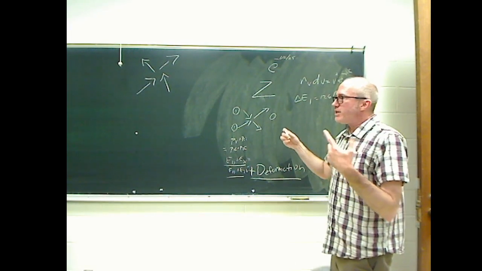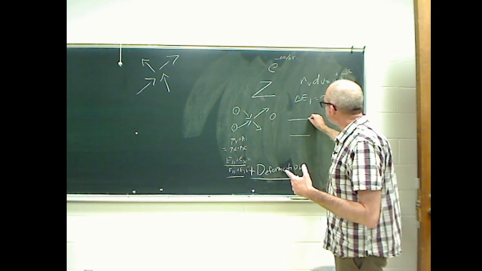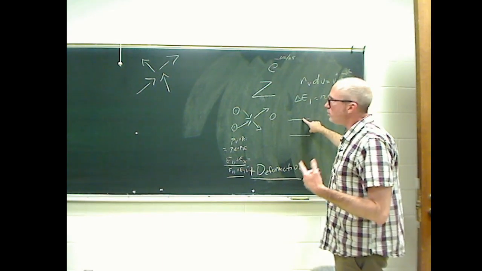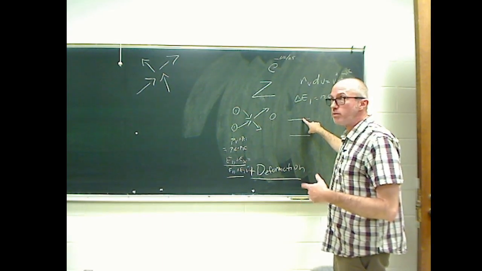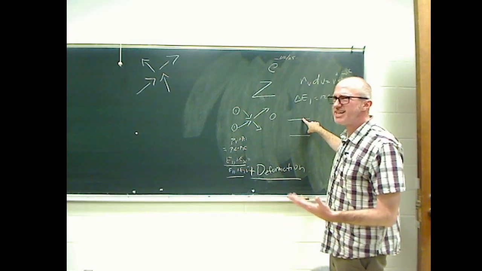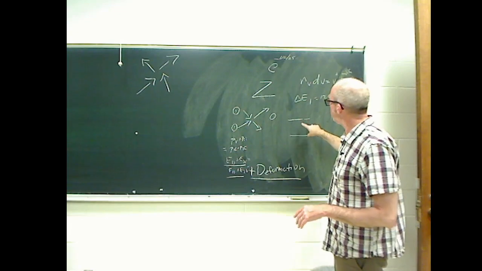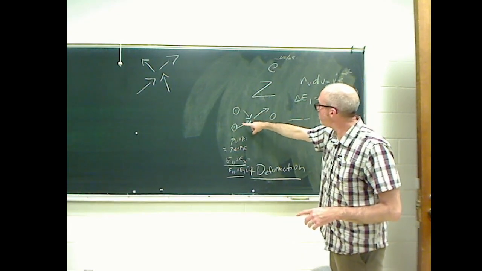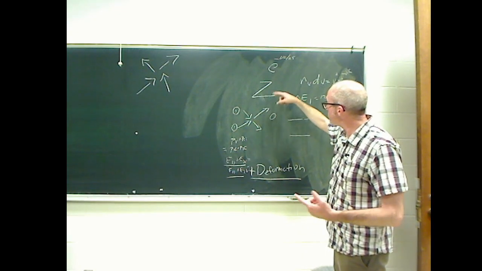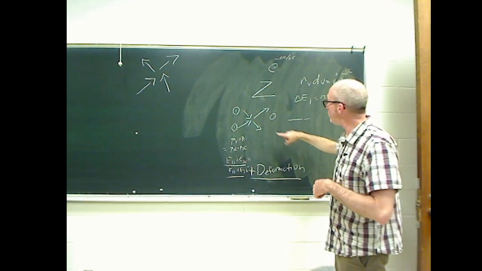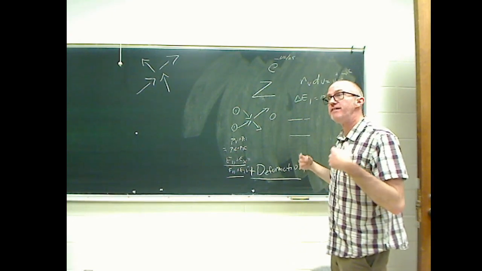So to go from this state to this state, you have to also inject the right amount of orbital angular momentum. So there are selection rules for going between states that I don't care about right now. As long as these guys hit each other with enough energy to knock the electrons into the upper states, then they come out with less kinetic energy and they have more electron energy.